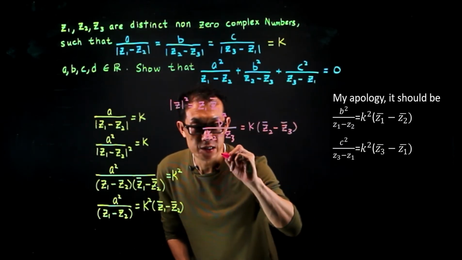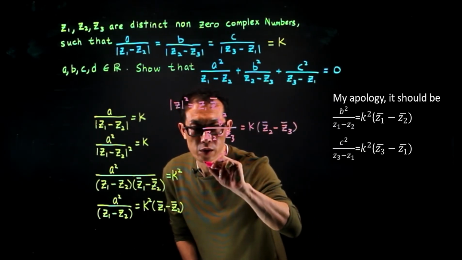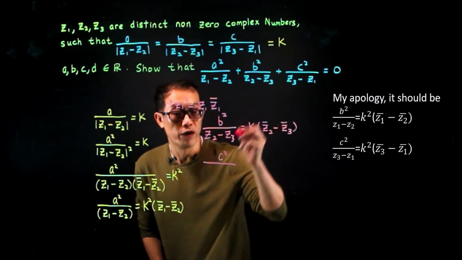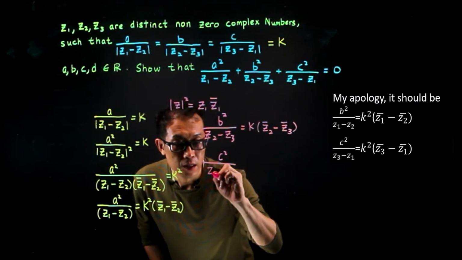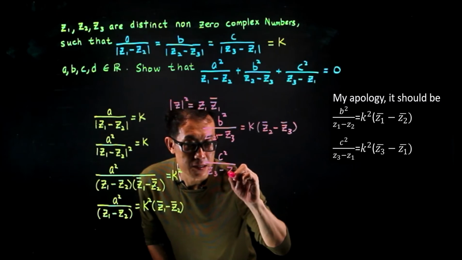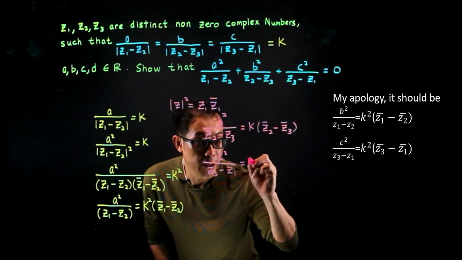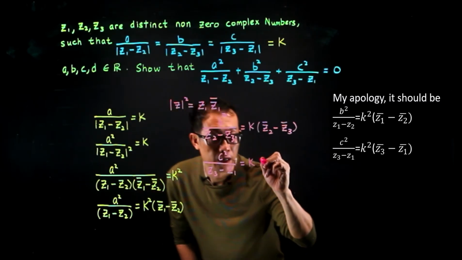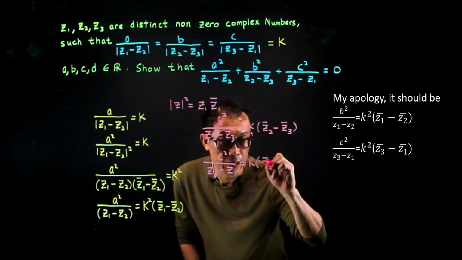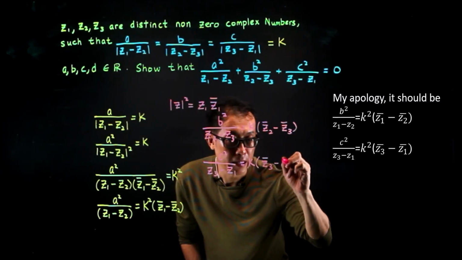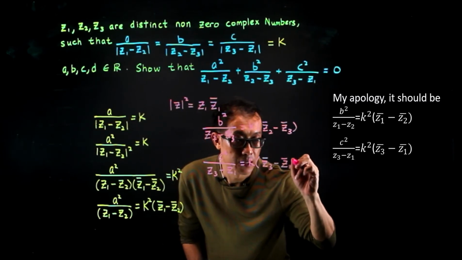Now likewise for c squared, you can write it as c squared over z3 minus z1 equals k squared times conjugate of z3 minus the conjugate of z1.